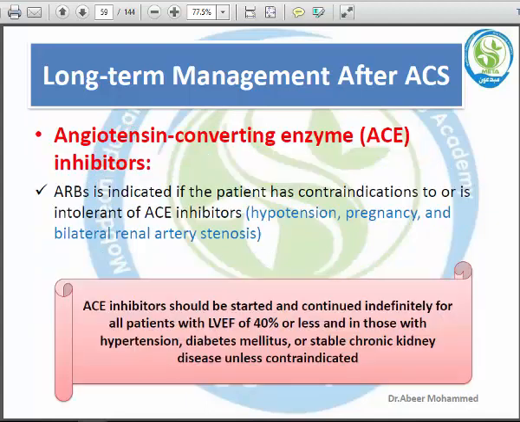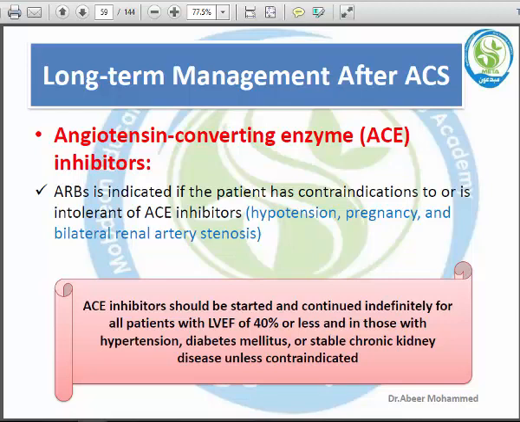ACE inhibitors, or angiotensin converting enzyme inhibitors, or ARBs in case the patient has a contraindication to ACE inhibitors; I replace them with ARBs, the angiotensin 2 receptor blockers. Contraindications of ACE inhibitors, generally for ACE and ARBs: hypotension, pregnancy, bilateral renal artery stenosis.